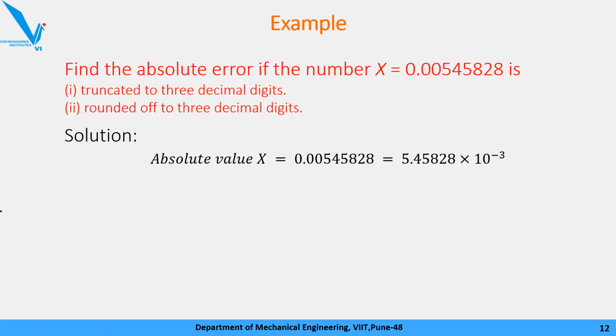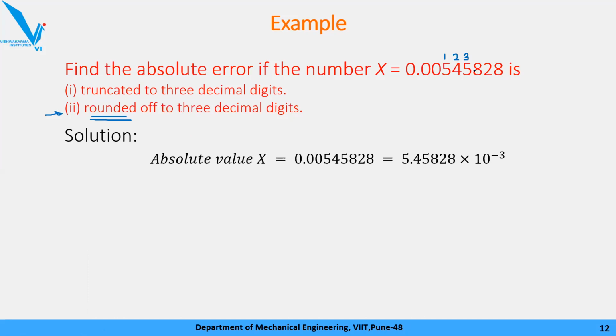Next, case 2 we will worry about now. Case 2 is the same 3 decimal digits, but they should be rounded off. Now we need to go for round off, so the same significant numbers 1 2 3.